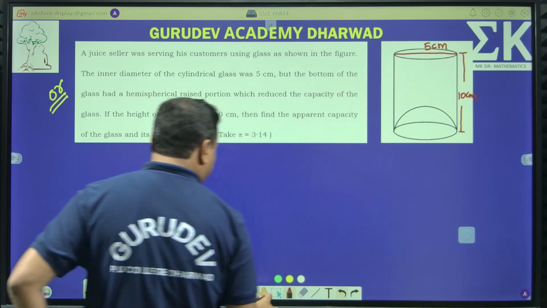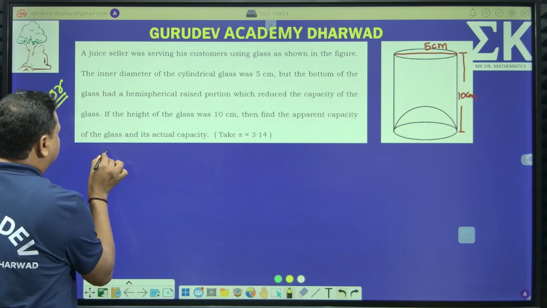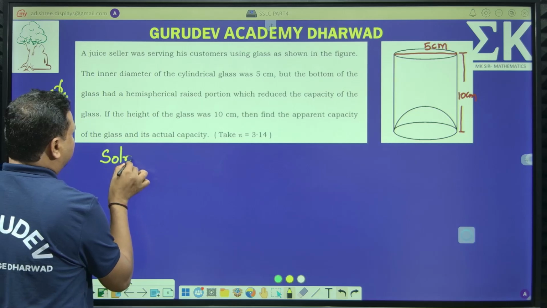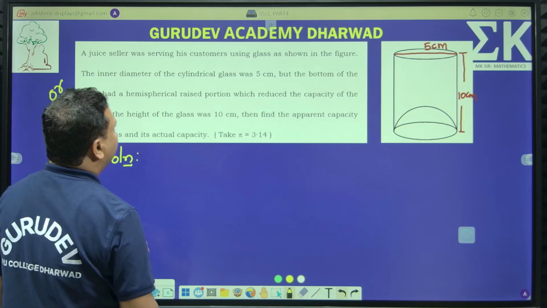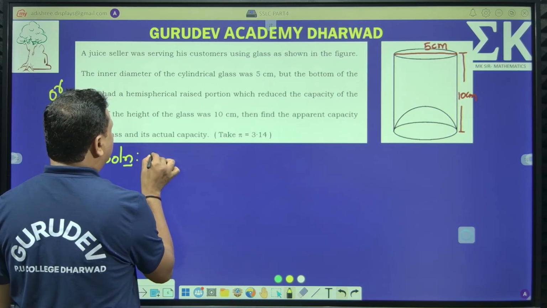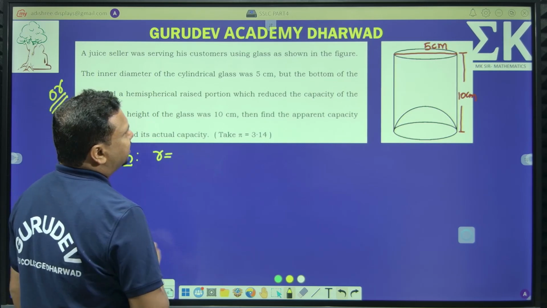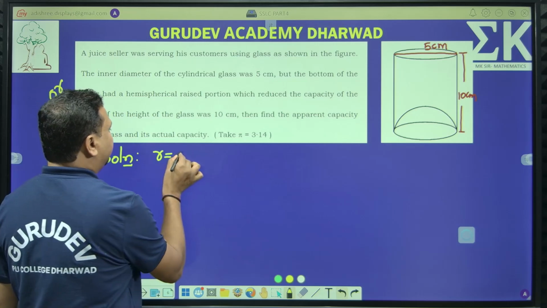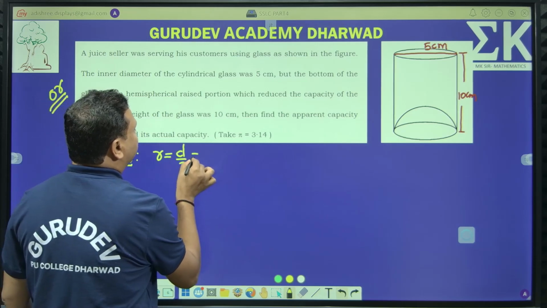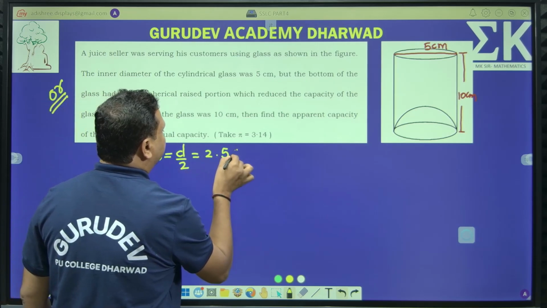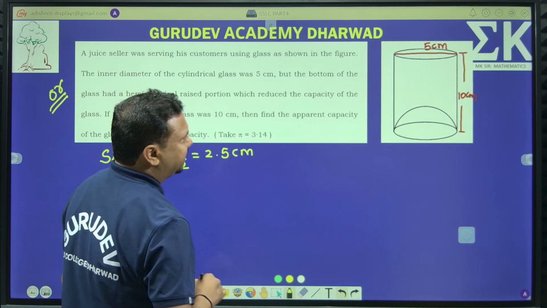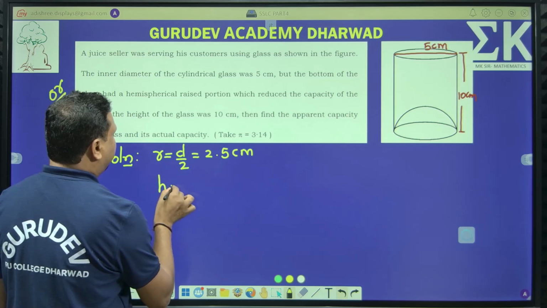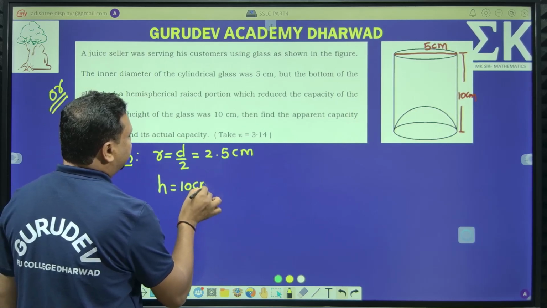What do you mean by actual capacity? Let us understand that. Solution. Again we have a cylinder here. Let R be the radius. If the diameter is 5 centimeter, the radius will be half of that, equal to 2.5 centimeter. And the height is 10 centimeter.